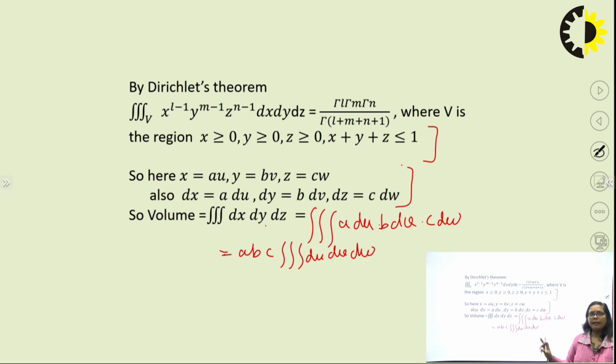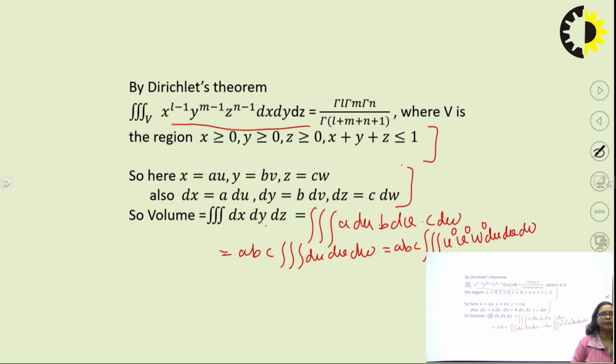So now I need to solve it by using the Dirichlet integral. So I compare this with the left hand side of the Dirichlet integral. I need to write this integral in that form. Since the powers of u, v, w are missing here, I can write this as abc triple integral u to the power 0, v to the power 0, w to the power 0, du dv dw.